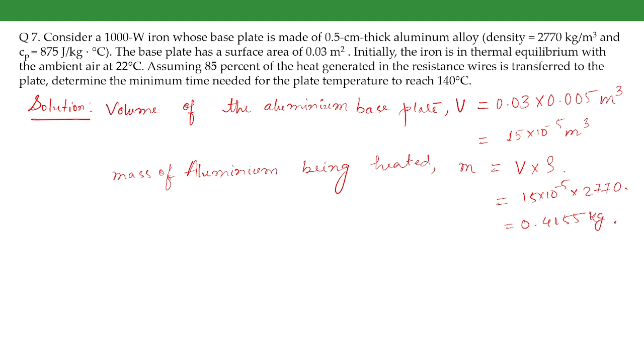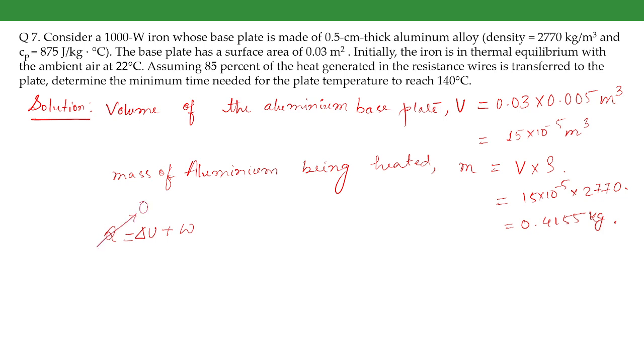Now if we apply the first law considering the aluminum base plate as a system, then Q minus W is equal to the change in the internal energy. Again, we are neglecting the kinetic and potential energies, so the total energy equates to the internal energy. There is no heat transferred to or from the system.